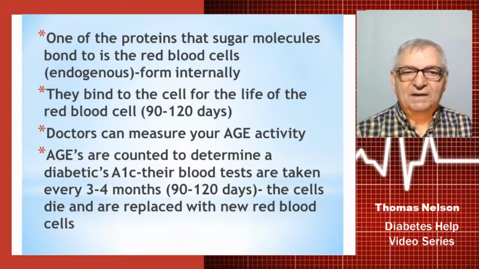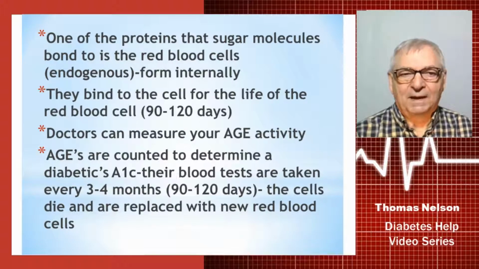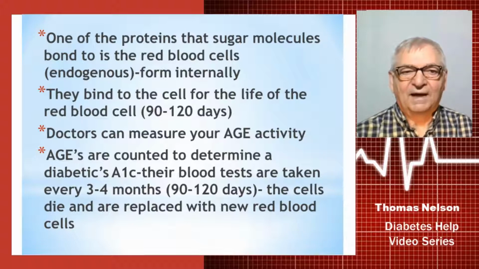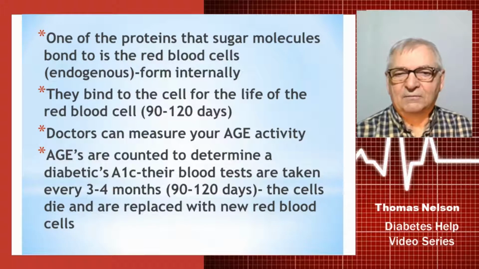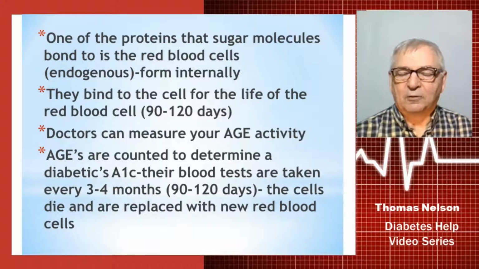So one of the proteins that sugar molecules like to bond to are your red blood cells. And that again is internal, so that's endogenous. And they will form internally. So they bind to the cell for the life of that red blood cell, which is, most red blood cells live for about 90 to 120 days. And then your body will replace them.